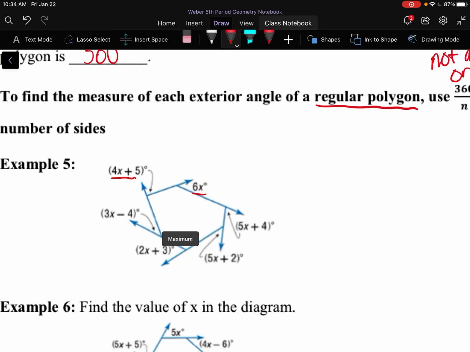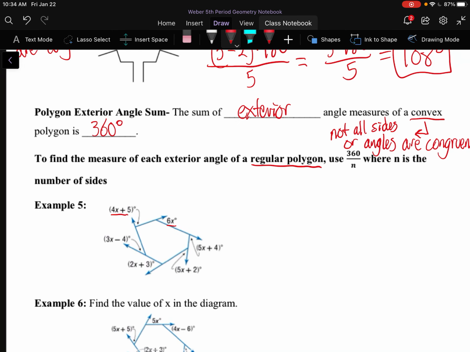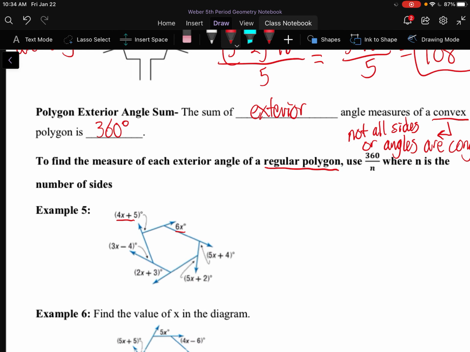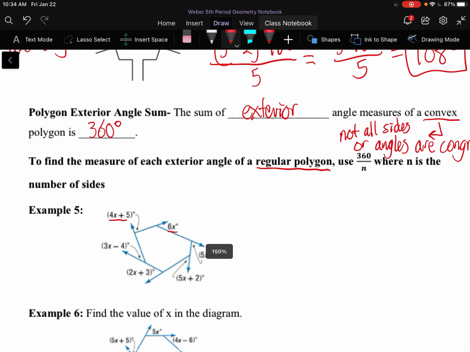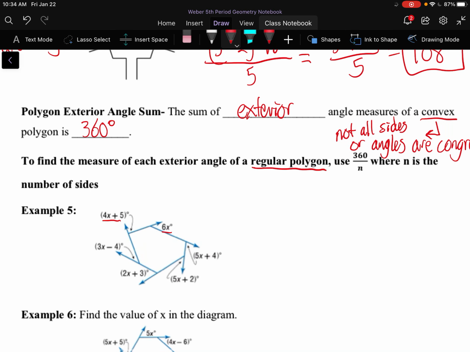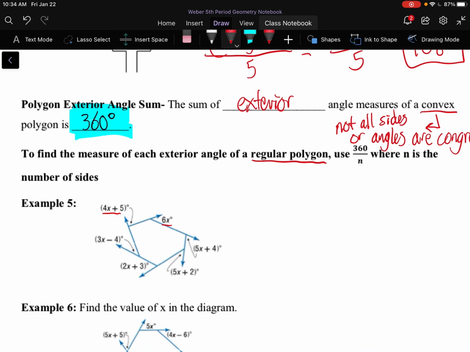Since this is a convex polygon, we can visually see that not all sides are congruent and not all angles are congruent. Since this is a convex polygon, we are going to use this value here. We know that the sum of the exterior angle measures of this convex polygon have to add to 360 degrees.